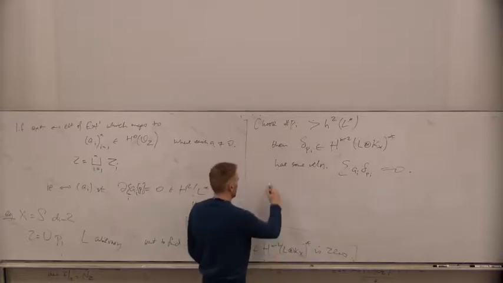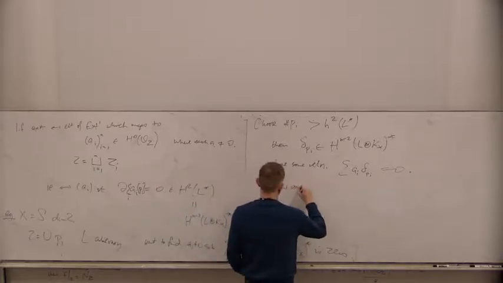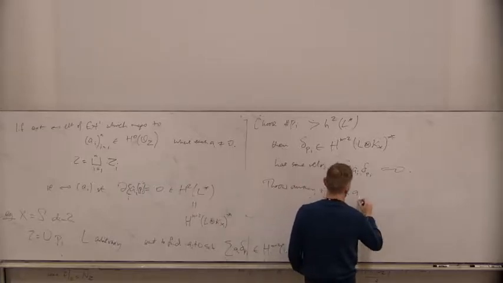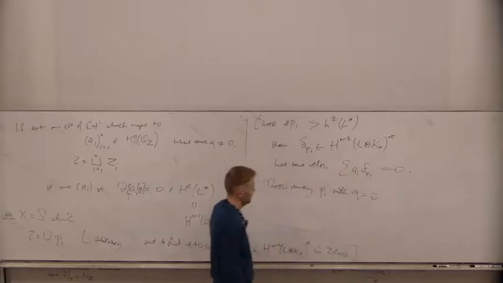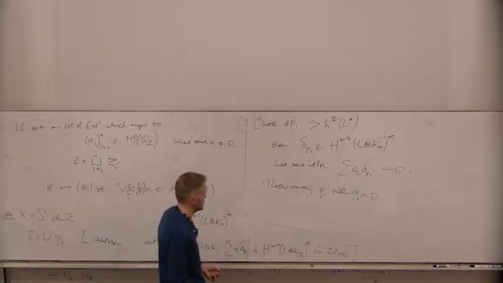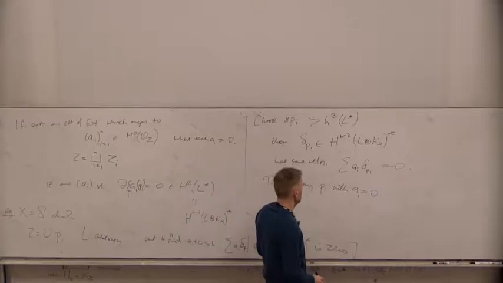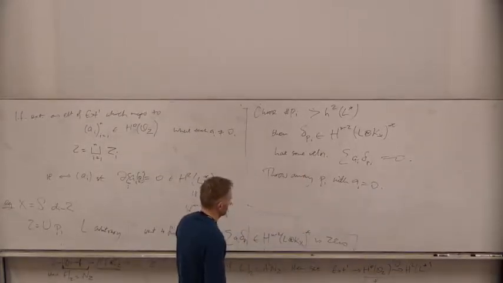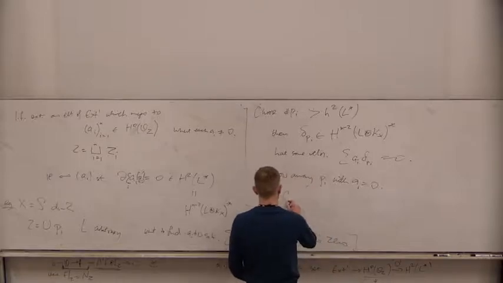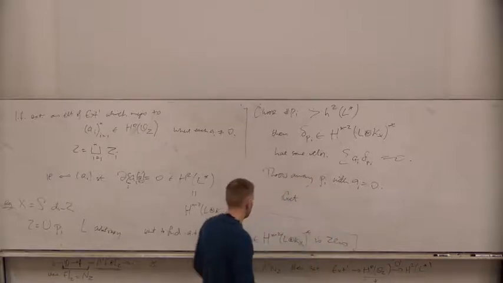Okay? So now I throw away the p_i with a_i equals 0. Okay, if I don't do that, what I'll do is I'll end up with an extension which has some singularities at those points. I can also do that. Okay. And so we get what we want. All right?